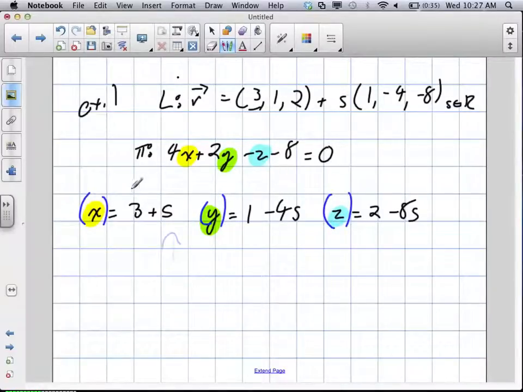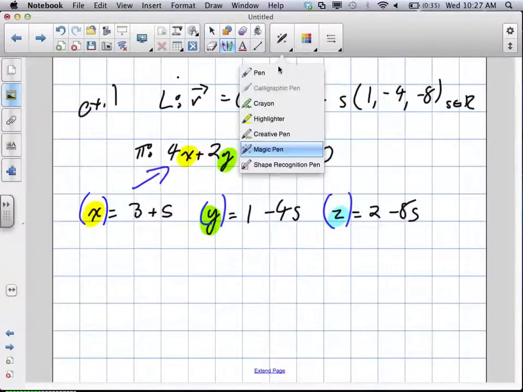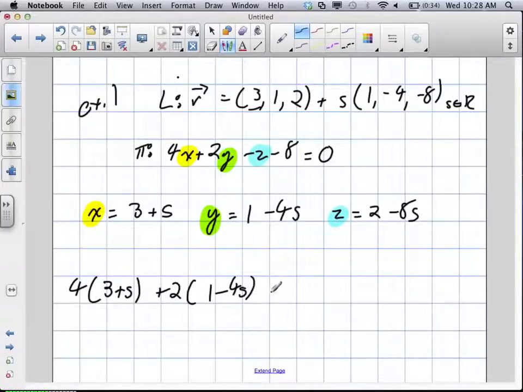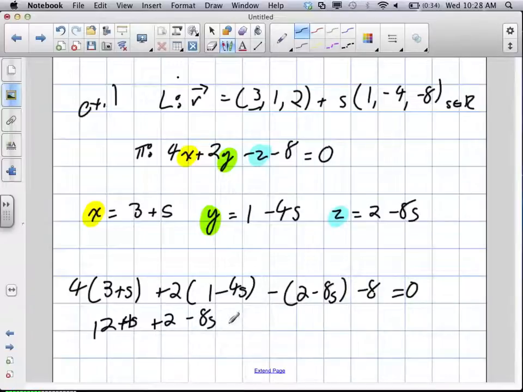So we're going to plug this into our Cartesian form of the plane, where we have 4, and instead of x, we're going to put 3 plus s, plus 2 times 1 minus 4s, minus 2 minus 8s, minus 8 is equal to 0. Okay. We'll do the algebra here quickly. 12 plus 4s plus 2 minus 8s minus 2 plus 8s minus 8 equals 0.